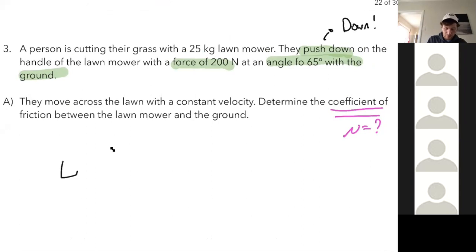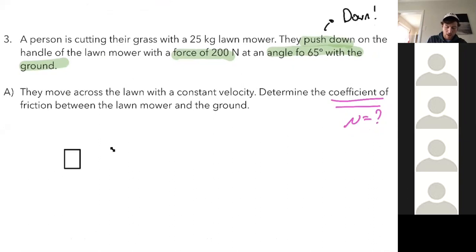So if we draw our free body diagram, before we even jump to that force, we know that there is going to be a force of gravity going down and the normal force going up. Now, there is a force being pushed downwards.